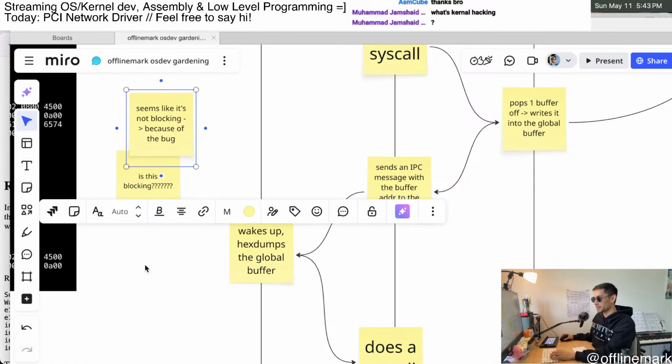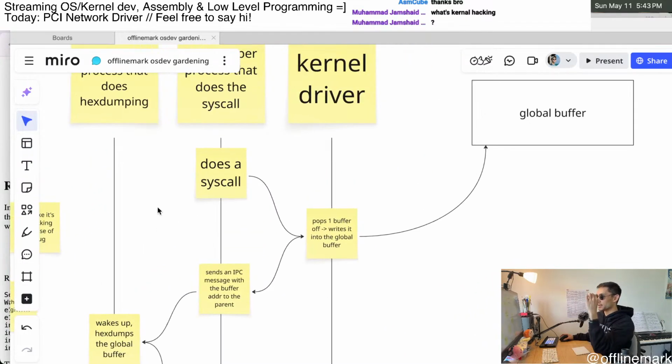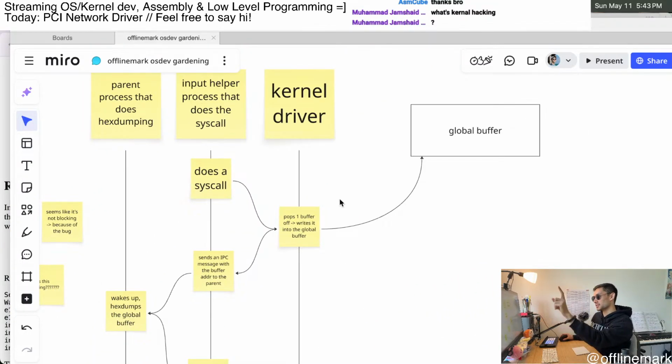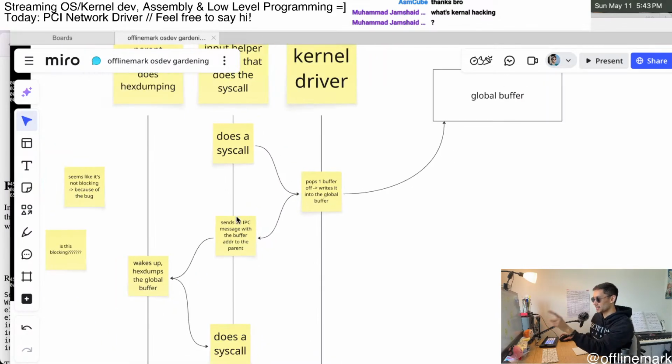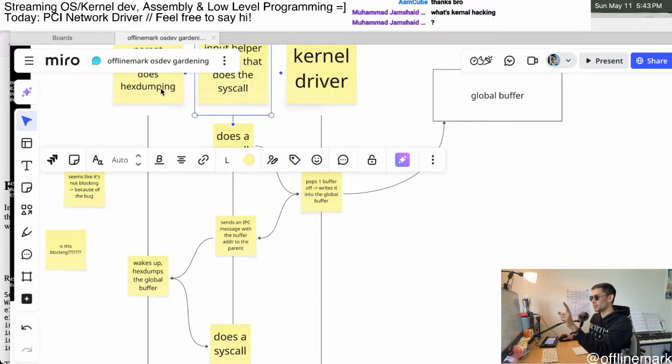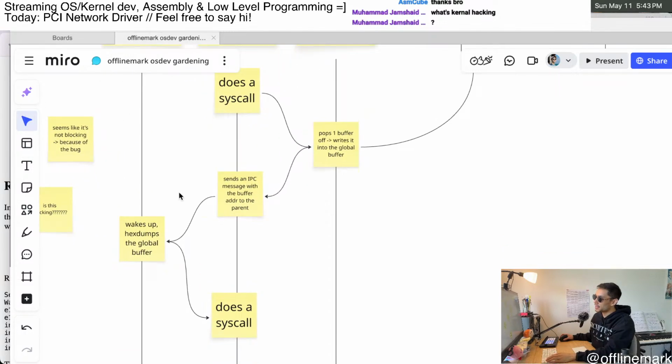So here's the bug, and Michal also recognized this. So what could happen? The input helper process calls the kernel, which populates the buffer and then returns. This thing sends an IPC message, and let's say this IPC message was not blocking, which means these two things are running concurrently.